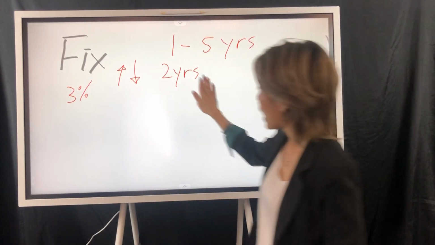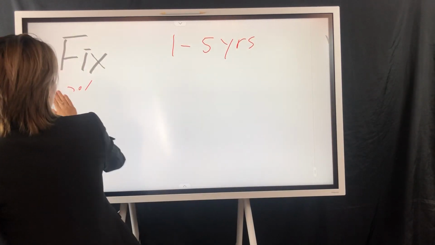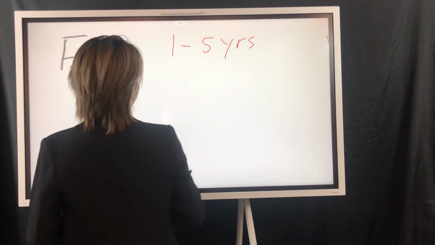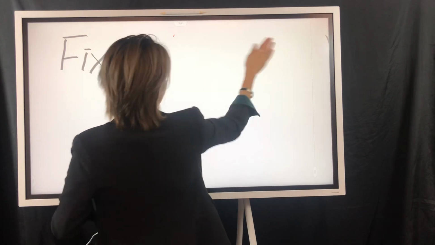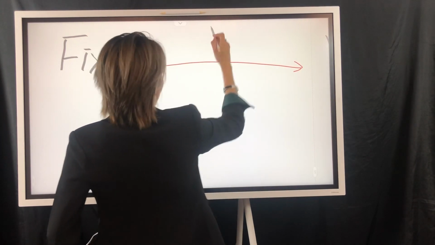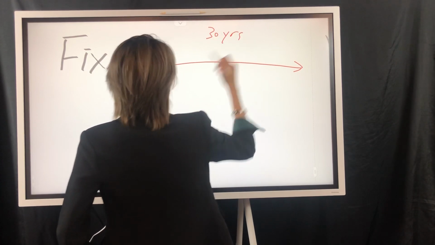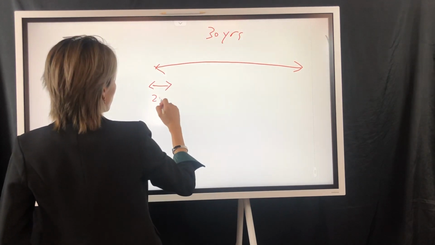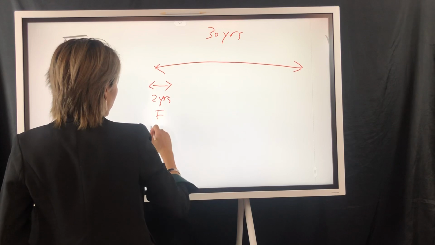Okay, so what happens when the fixed term finishes? The whole loan is 30 years, and we fix for the first 2 years at 3%.